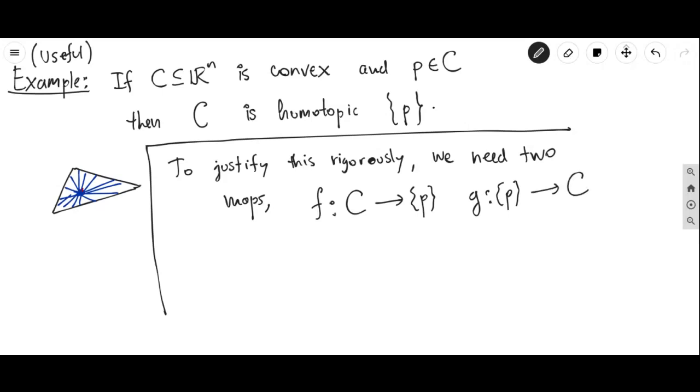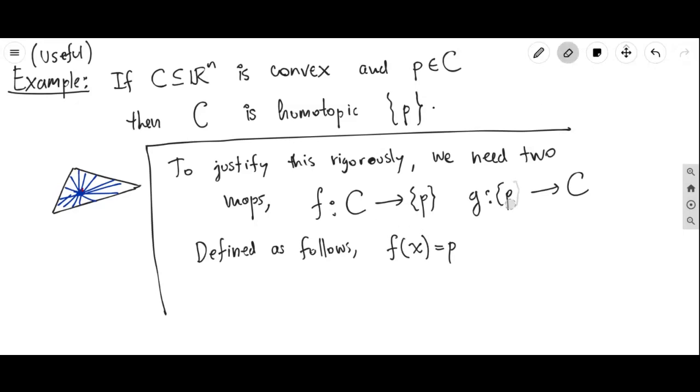So how are they going to be defined? They are defined as follows. f of x, where x is a point in the convex set: this is a single point space, so everything in C has to be mapped to P. There's no other choice. It has to be mapped to P.